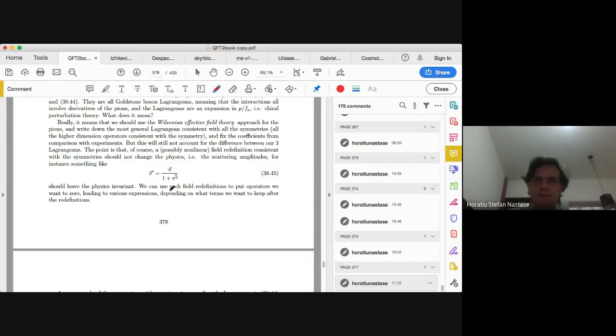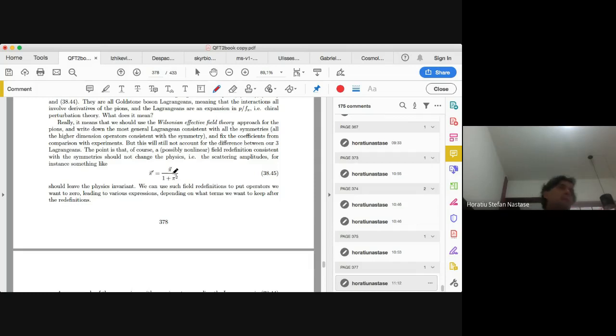So that means that some field redefinition of the type, for instance, pi prime is pi divided by 1 plus pi squared. This field redefinition keeps the SO(N) symmetry acting, well, SO(N-1), I guess, symmetry acting on the pions, right?